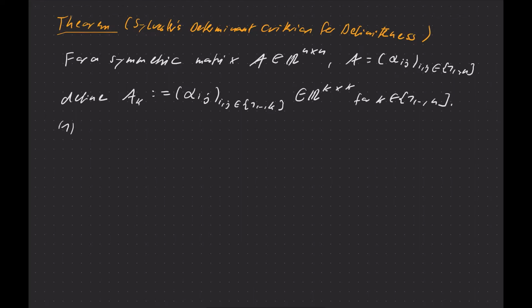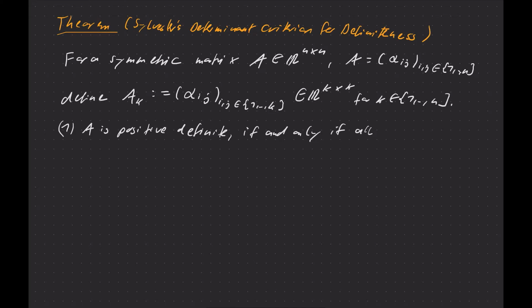Okay, then we have the following two criteria. First, A is positive definite if and only if all so-called leading principal minors of the matrix A are strictly positive. I'll explain in a minute what a leading principal minor is.